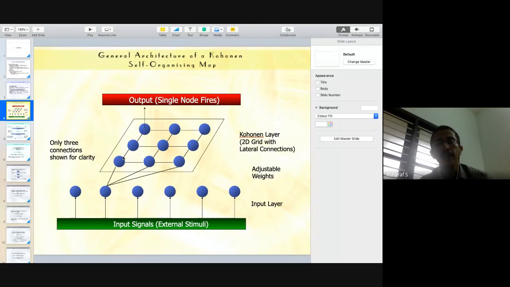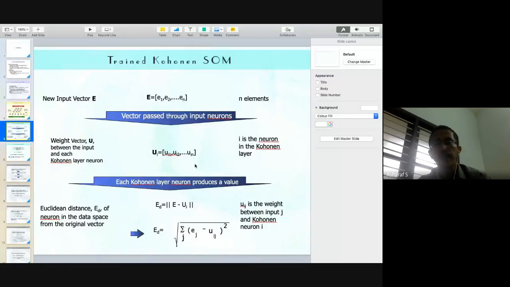All right, how many connections will this neuron have? See, connecting here. Likewise, this neuron has n connections. So the dimensionality of the weight vector corresponding to this neuron will also be n. Right? For the neuron i, the weight vector corresponding to neuron i, we call it ui, will have n components.